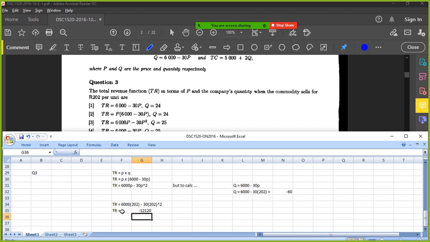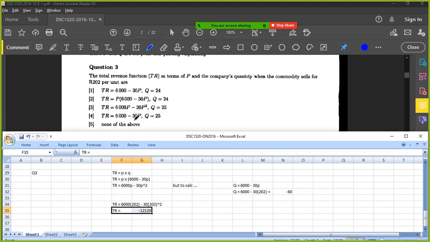What does that give us? Okay, that gives us the revenue. That's actually a loss. You're going to end up with a negative here actually. So the price needs to be more to break even. Yeah, but that's not what they're asking for.